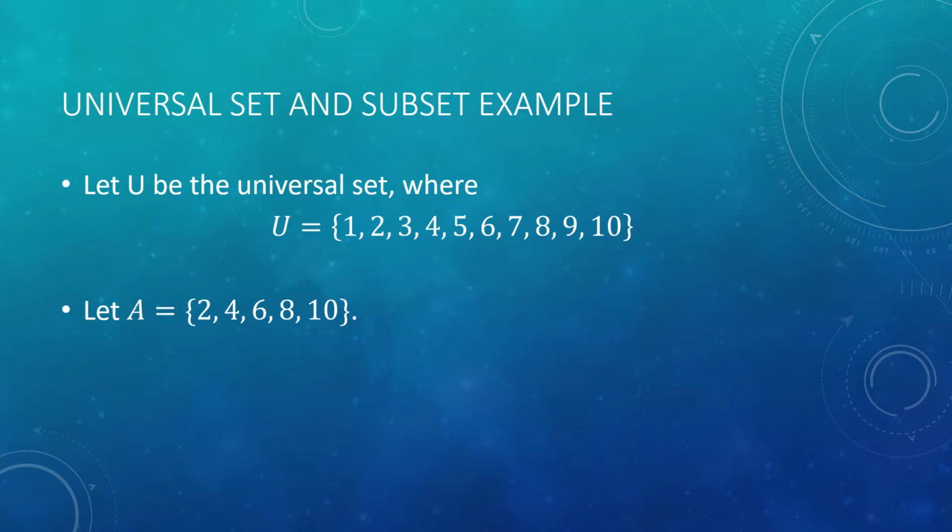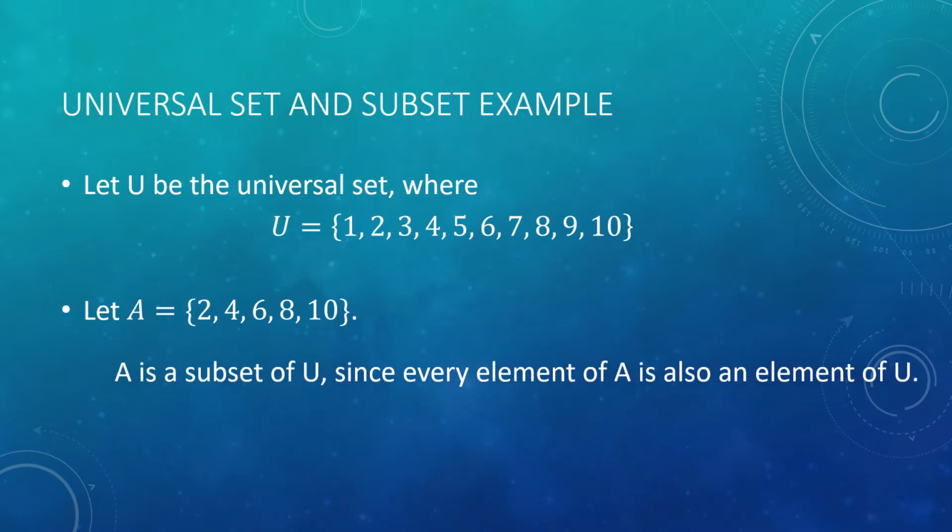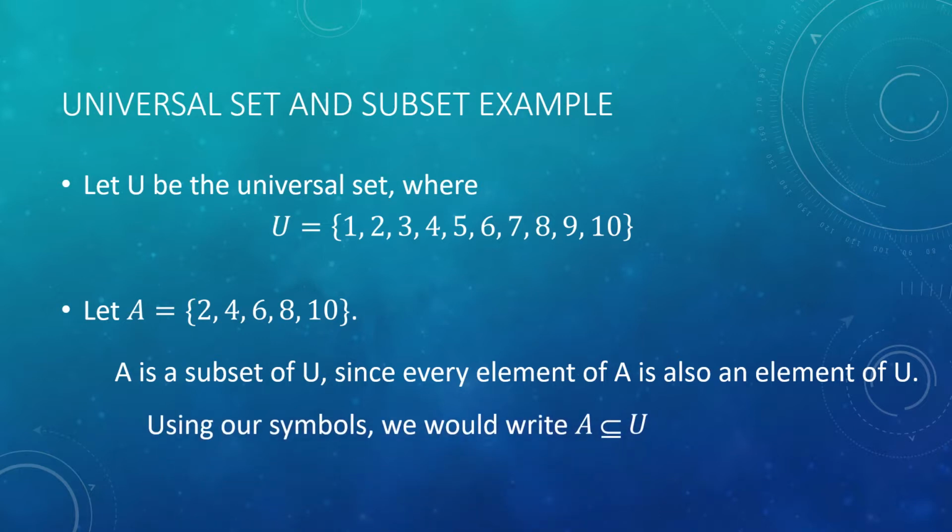Notice that every element that is in A also is in the set U. So A is called a subset of U since every element of A is also an element of the set U. And so using the symbols we just learned, we would write A is a subset of U. So A is a subset of the universal set.